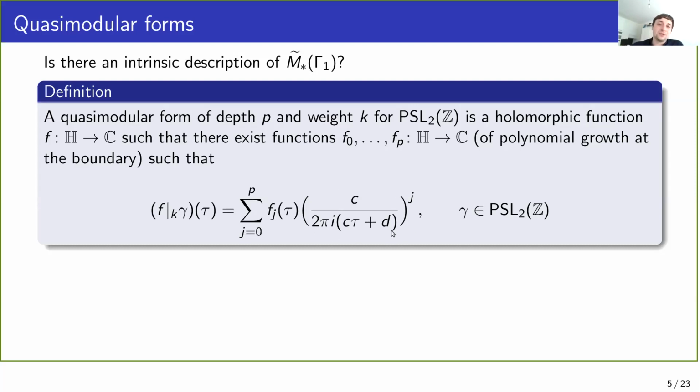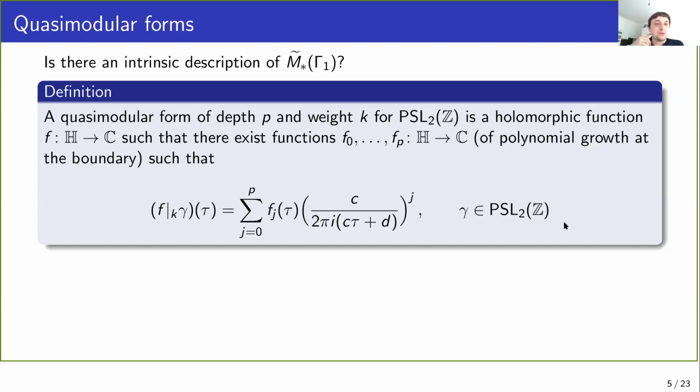If you look a little more carefully at the transformation law for E2, this is exactly the same thing that appears there. As we allow products of E2, we also have to allow higher powers of this term. And one can show that this definition coincides with the naive definition of polynomials in E2 with modular coefficients.